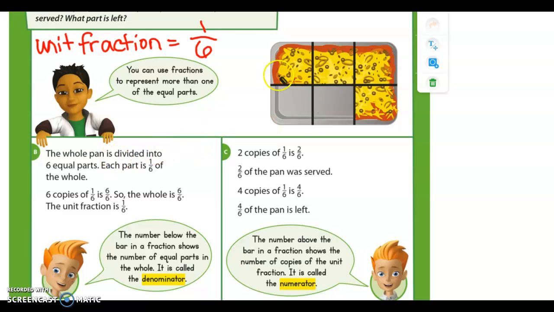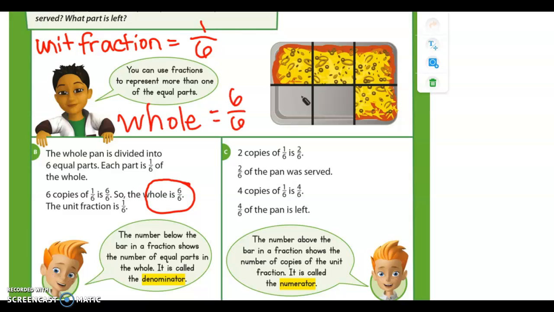So the whole pan is divided into 6 equal parts, and each part is 1/6 of the whole. 1/6, 1/6, 1/6, 1/6, 1/6, 1/6. So if I counted them all up, 1/6, 2/6, 3/6, 4/6, 5/6, 6/6, it would take 6/6 to make the whole. So 1 unit is 1/6.